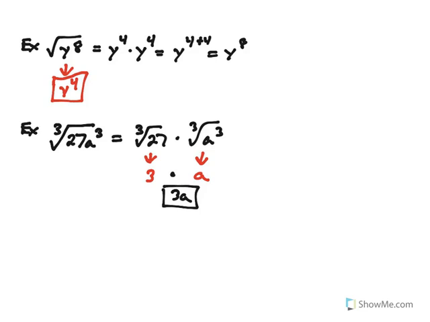Let's see. The 5th root of a to the 5th, b to the 5th. Okay, we can simplify this as the 5th root of a to the 5th and the 5th root of b to the 5th.